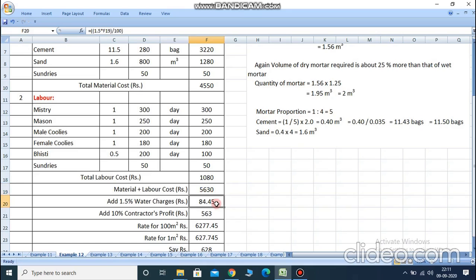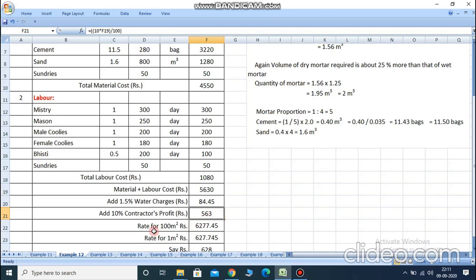We got the answer 84.45 rupees water charges included in the rate analysis. Then we add 10% contractor profit. So here 5630 multiplied by 10% is 563 rupees per 100 meter square contractor profit.